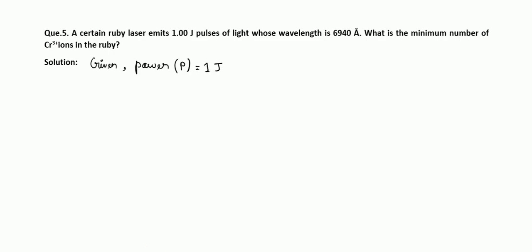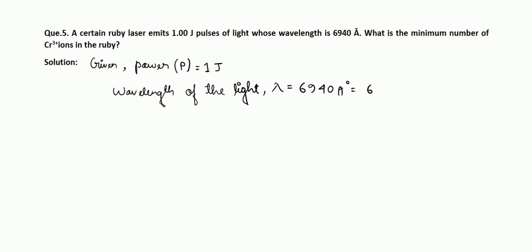And the wavelength of the light, given by lambda, is equal to 6940 Angstrom. Or we can write it as 6940 times 10 to the power minus 10 meters.